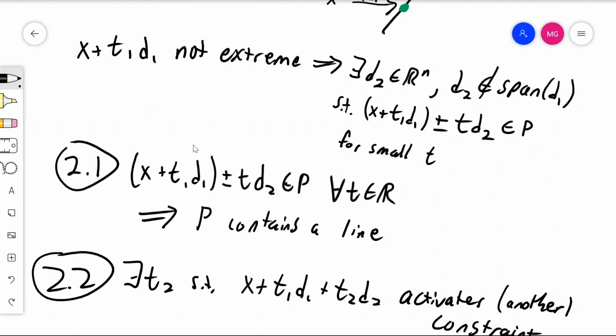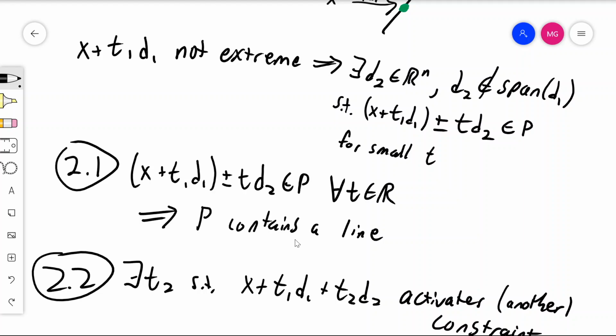There's two cases. Either this point x plus t1 d1 plus or minus t d2 is in the polyhedron for all t in reals. That's a possibility, and if that happens, then P contains a line. We've just found a line. It's this point x plus t1 d1, and then you go in the direction d2, infinitely far in both directions.